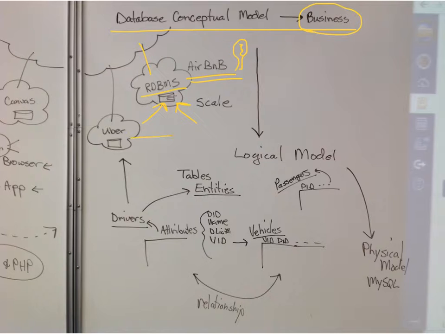Uber kind of did the same thing. This idea of keeping track of cars and users. The people designing Uber didn't have to own the cars. The other people owned their cars and they had other people to drive. All they had to do was manage the data to line up the passenger with the person in the vehicle.